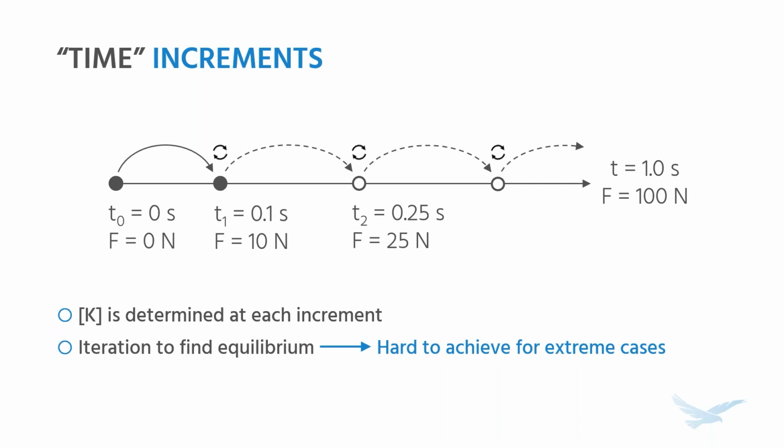The first technique that I'd like to share is using a dynamic analysis approach to solve our static problem. The equation that we're solving is force equals stiffness times displacement. And we've just talked about how that can be hard to balance for extreme cases.